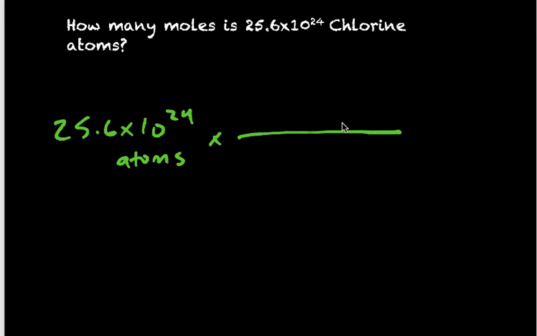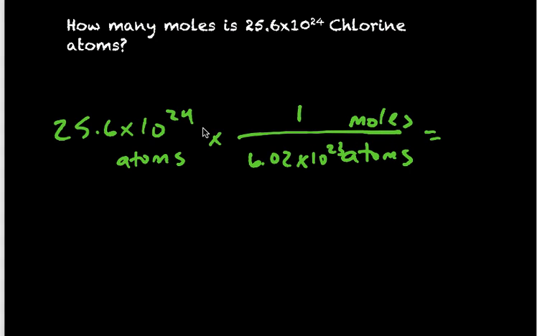We want moles. So remember, what we want we put on top, and what we want to cancel, atoms, we put on bottom. Remember, for every 1 mole, there is 6.02 times 10 to the 23rd atoms. Now you multiply 25.6 times 10 to the 24th to 1 mole. The atoms will cancel, and then you divide 25.6 times 10 to the 24th by 6.02 times 10 to the 23rd.